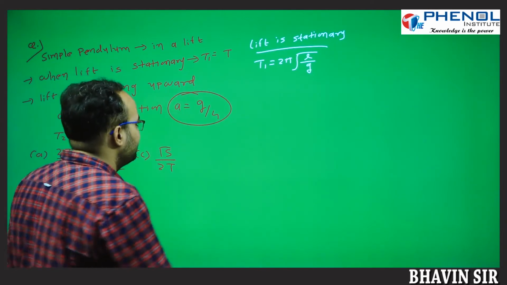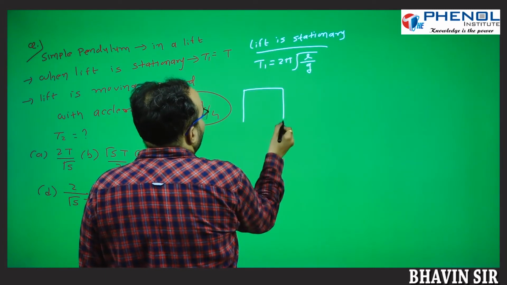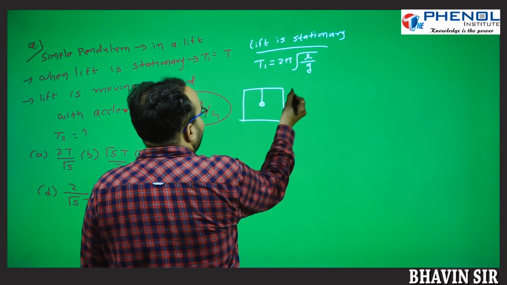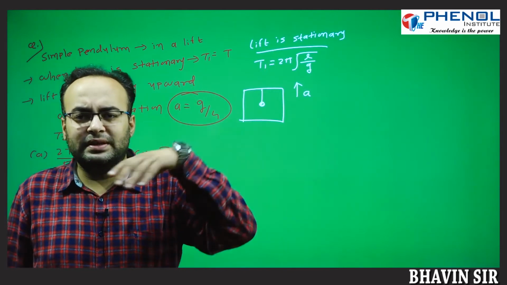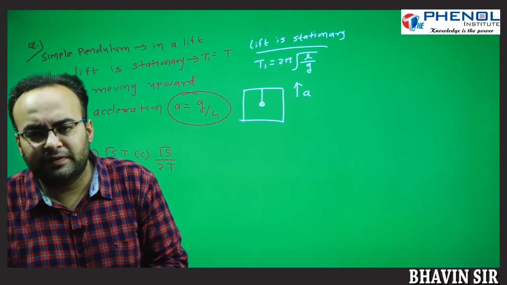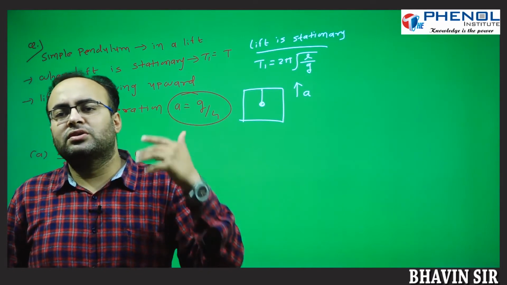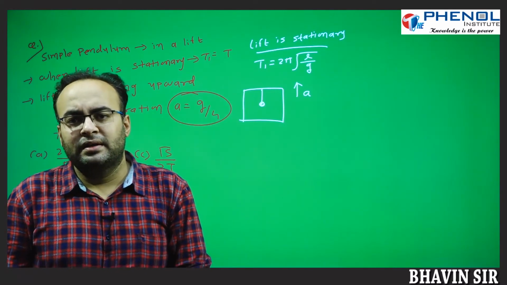Okay, now in the second case, the lift is moving upward with acceleration A. So students, what is the formula of time period? If you remember it directly, it is 2 pi under root L by G plus A. Right?